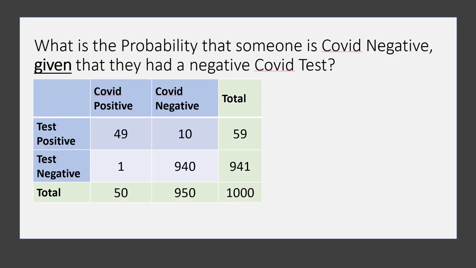So, what is the probability that someone is COVID negative given that they have a negative COVID test? In statistics, we call this the negative predictive value. So this question is basically asking, what is the negative predictive value?